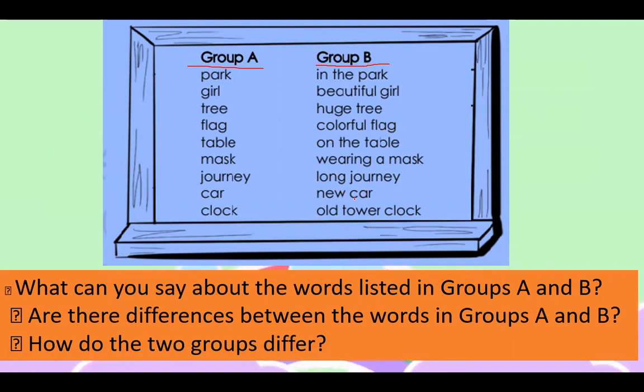Now, what can you say about the words listed in groups A and B, or what are the differences between the words in groups A and B? How do the two groups differ?